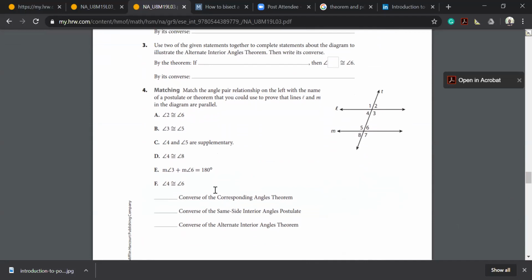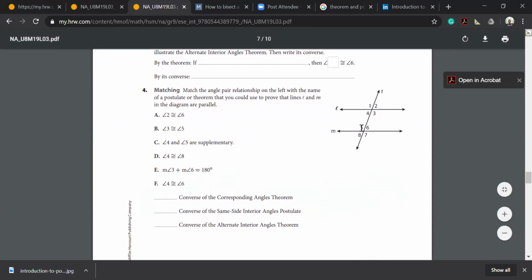In here, you are telling me if angle 2 is congruent to angle 6, so it's going to be the converse of the corresponding angle theorem, same side, or alternate interior. Of course, 2 and 6 are corresponding, so I'm going to write A in here. So A is the corresponding angle theorem. What about B? 3 and 5 are alternate interior. So B will be in here.